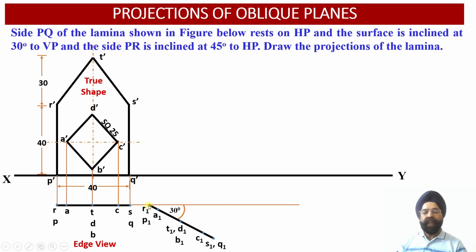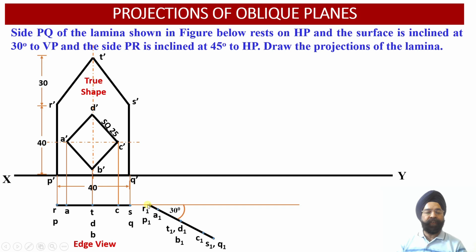So now this projection line we have drawn to begin with, and then we have marked all the points which we had obtained onto the edge view in the previous view in such a way that we have rotated this edge view at an angle of 30 degrees.